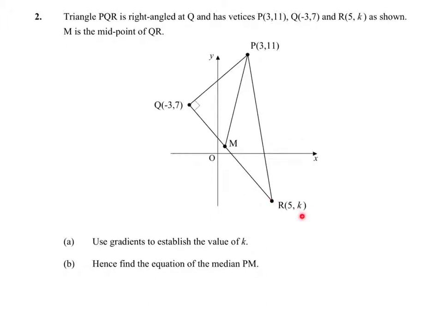And that's what we're going to do first. So we'll put our points down first of all. We've got point Q, which is (-3, 7), and point P, which was (3, 11).